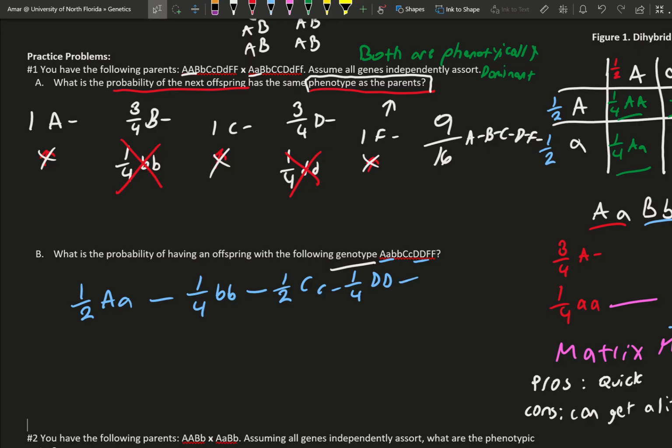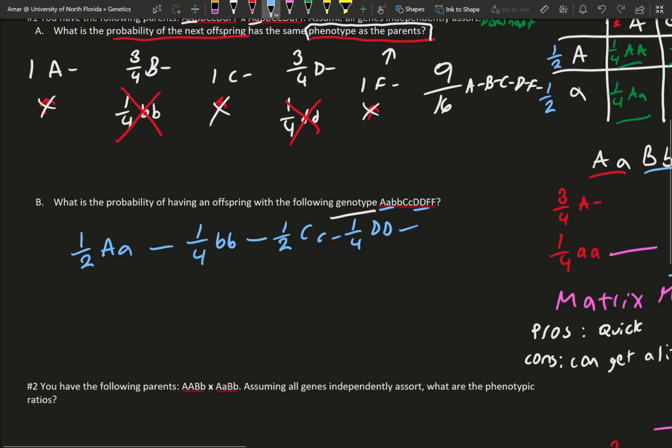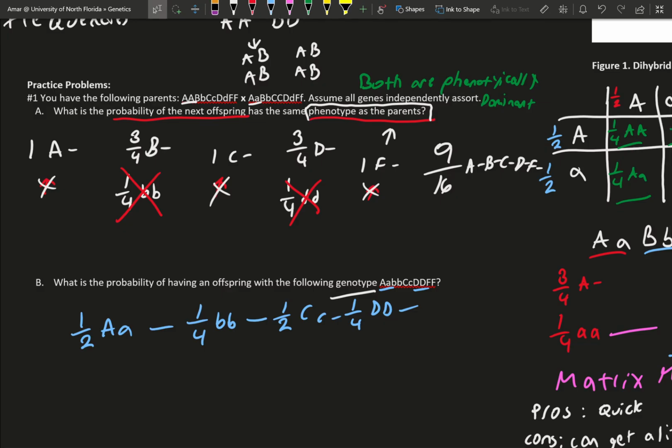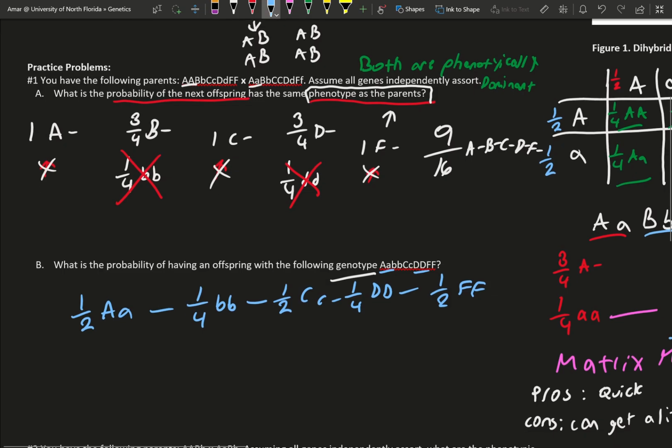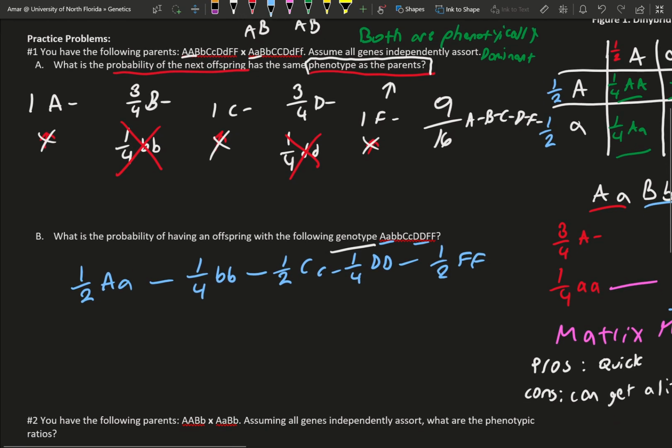And then you would have a 1/2 chance to get big F genotype from a big F, little f cross. So this should all be equal to, let me calculate it real quick.